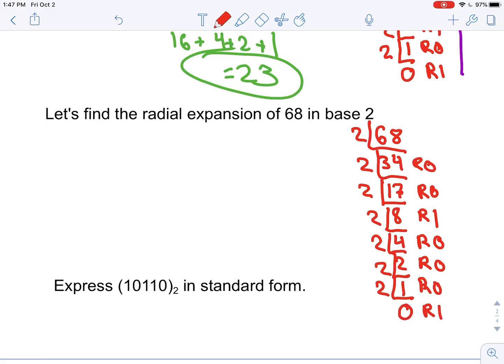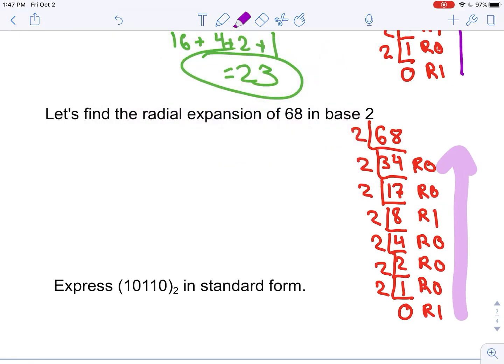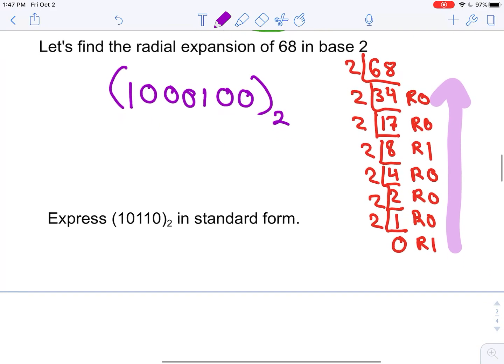And divide that by 2, now I've got 0 remainder of 1. So that's going to tell us once again, I'll just use my highlighter pen, our digits that we're going to write bottom up. We start with a 1 0 0 0 1 0 0. I wrap it in parentheses and I put a little subscripted 2.